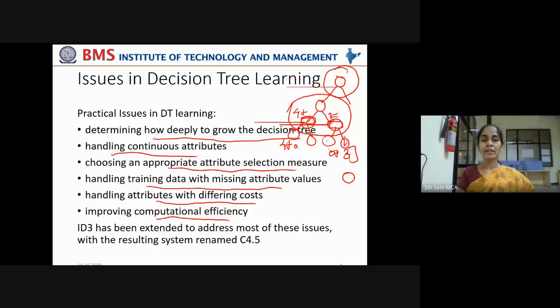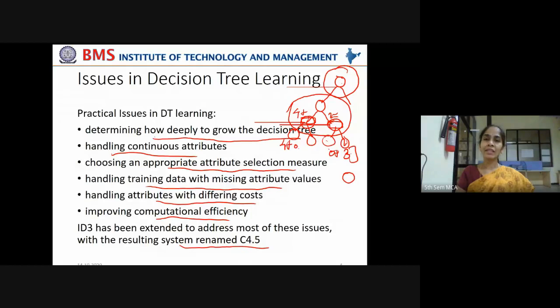That is another issue. Now, ID3 has been extended to address most of these issues. The basic ID3 algorithm doesn't address any of these issues, but it has been extended in order to address most of these issues that I have listed here, with the resulting system renamed as C4.5 or classification 4.5. The new algorithm, the extended form of ID3 algorithm, is known as C4.5.